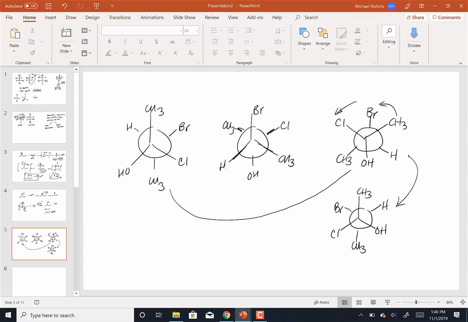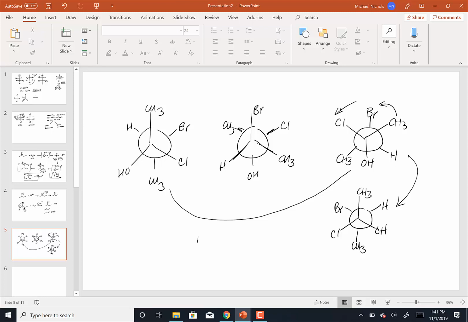So now, are the fronts the same or opposite, or are the backs the same or opposite? So what are the front carbons, same or opposite? Opposite. So the CH3s are aligned, the Cls and the OHs aren't. If you could imagine a mirror plane being between the front carbons, they are mirror images.